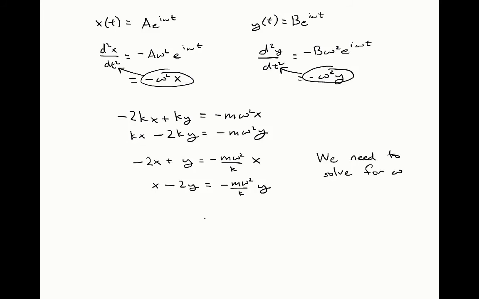Remember when we had a system of equations for calculating how rays changed in an optical system, we wrote the equation as a matrix. If you look at this, you can see we can do the same thing. So now we have minus 2 and 1 up here, 1 and minus 2 down here, multiplied by (x, y), equals minus m omega squared over k times (x, y).